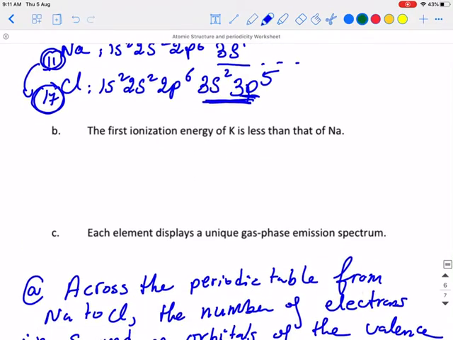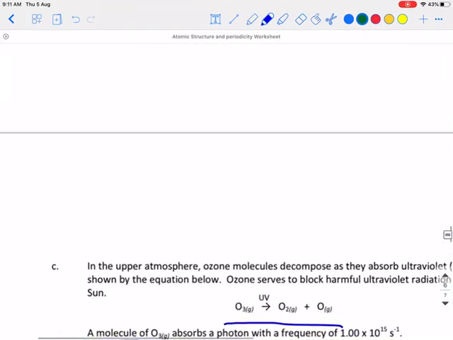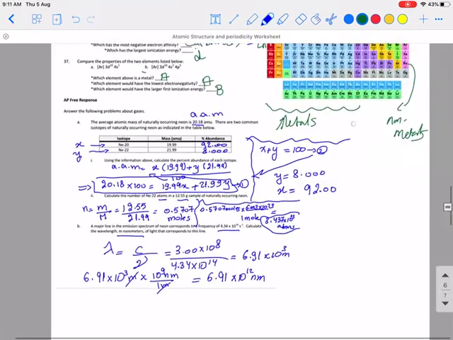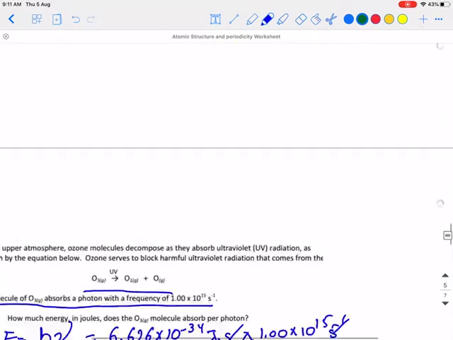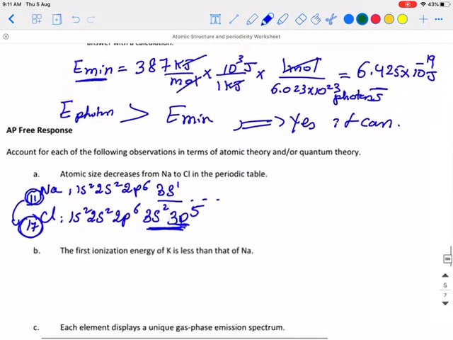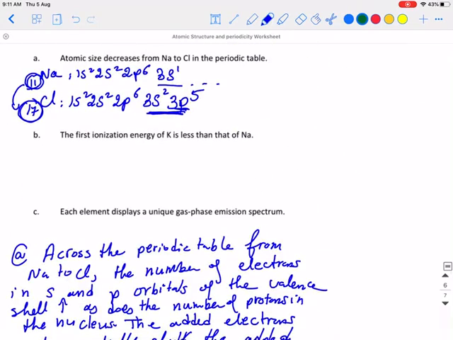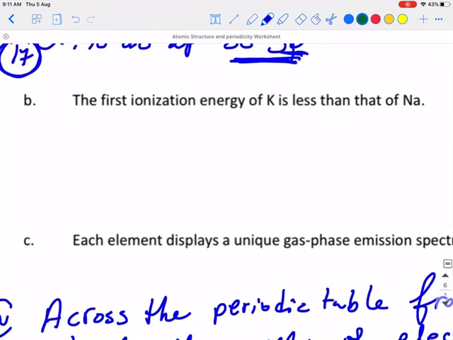Let us account for why the first ionization energy of potassium is less than that of sodium. As you see here in the periodic table, potassium is in a higher energy level, while the first ionization energy is less. We know the trend that going down the group, the ionization energy decreases, but let us see why.